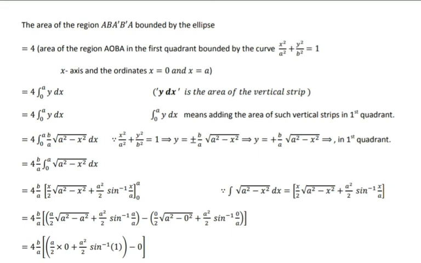As you have learned previously, the definite integral 0 to a means the area under the curve from 0 to a, and these numbers 0 and a are along the x-axis because you have dx there.